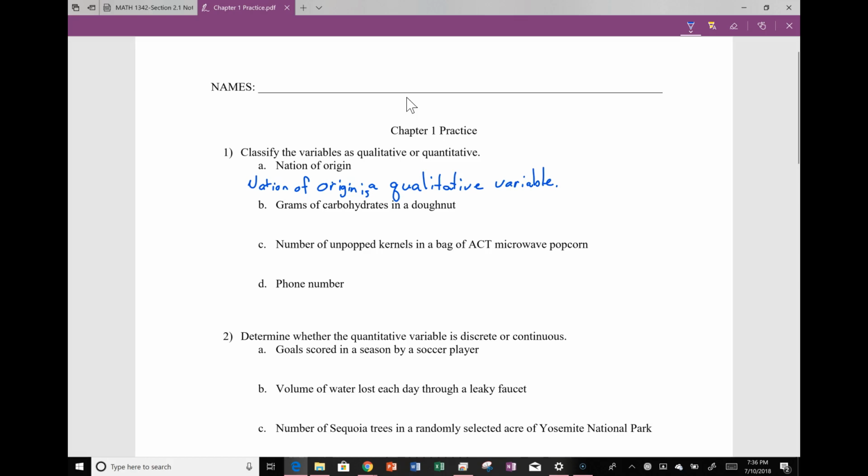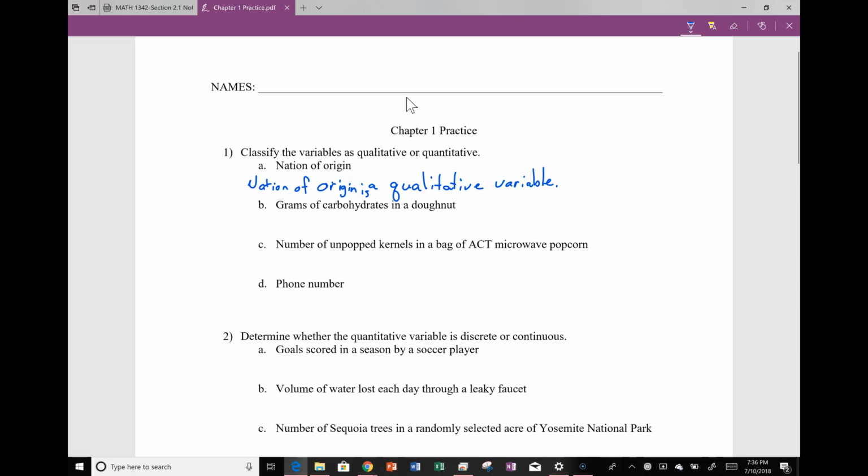What are you even talking about? I've asked 5 other people, maybe 15 other people, different questions. So when you are answering any type of question, be specific. Identify what you are talking about. Nation of origin. What is it? It's not just qualitative, it's a qualitative variable. Okay?